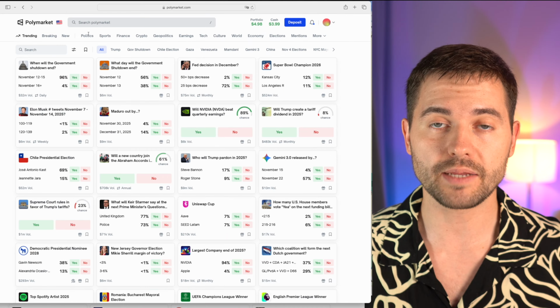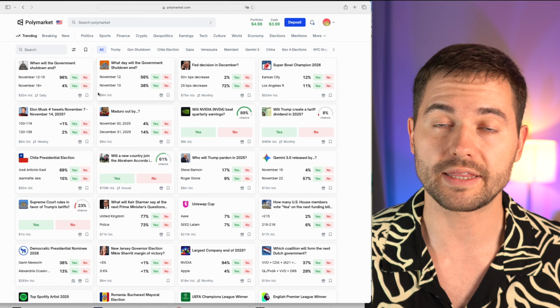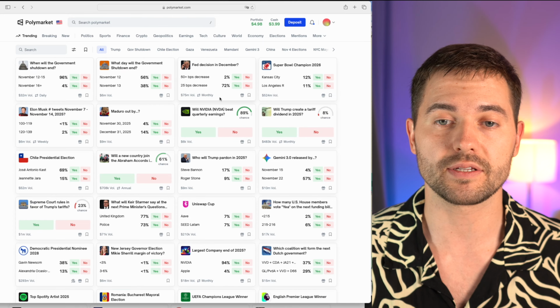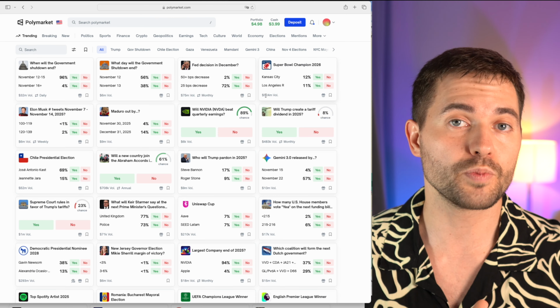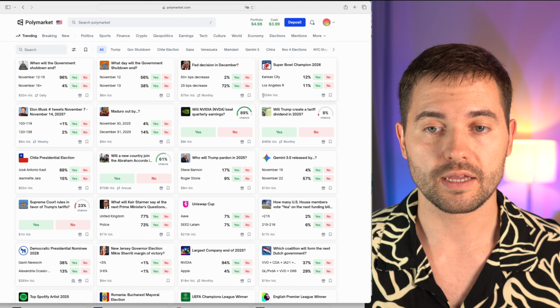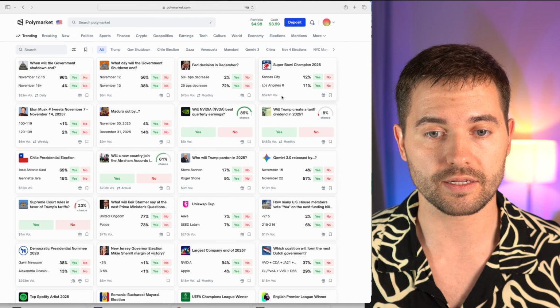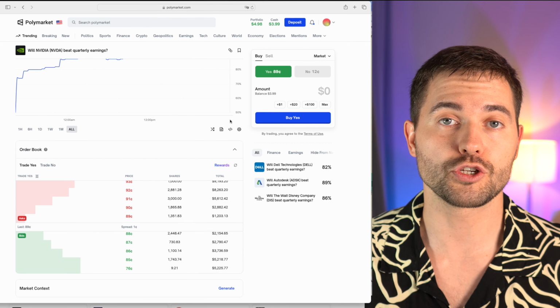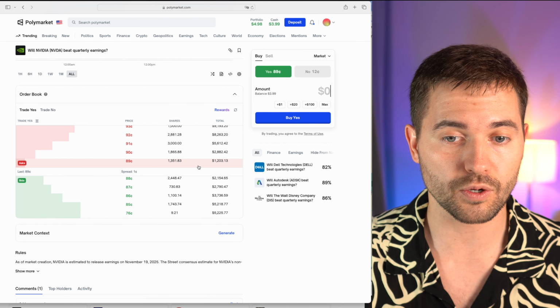And on the main page of Polymarket, we can see the volume right there at the bottom left corner. So we have 32 million, 6 million, 75 million. Super Bowl champion 2026 right now has the highest volume on Polymarket, 524 million. The smaller volumes, like this one, 6,000, show that there is very small liquidity available.